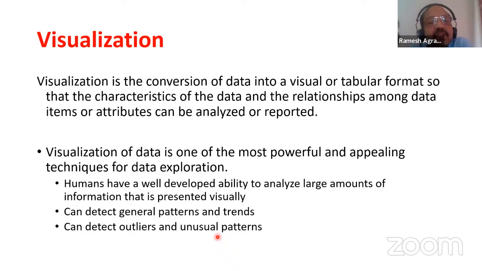Visualization of the data is considered to be one of the very important components of exploratory data analysis. Humans have the capability of analyzing a large amount of data visually. In general, we can analyze two-variable data.